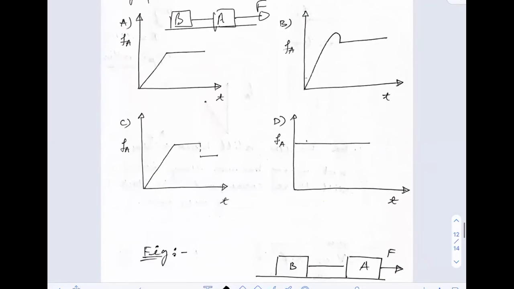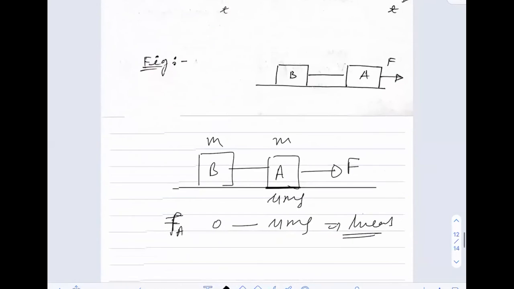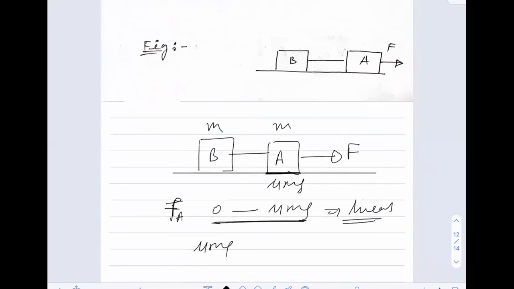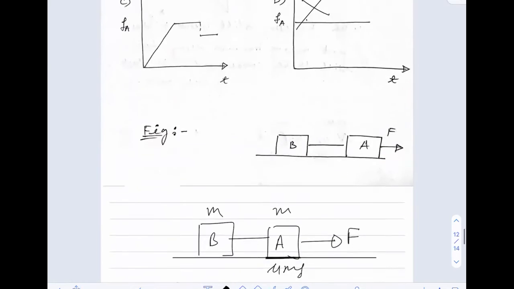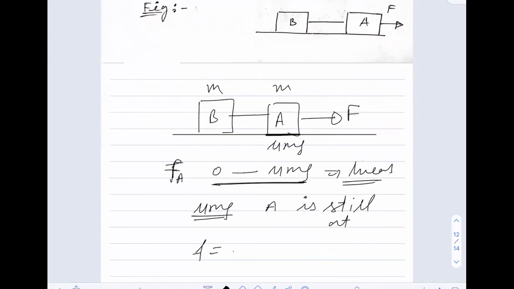If it is increasing linearly, this option cannot be correct. Now, after it has reached mu mg, the block A is still at rest, and the friction force will be mu mg only on A.